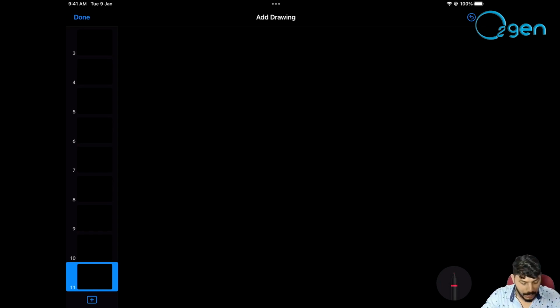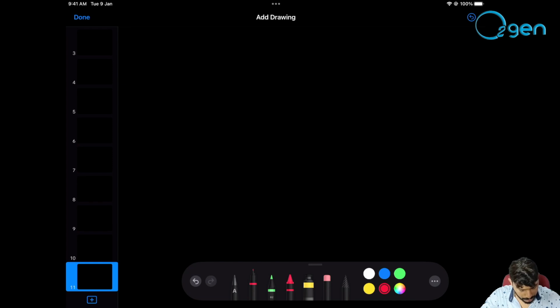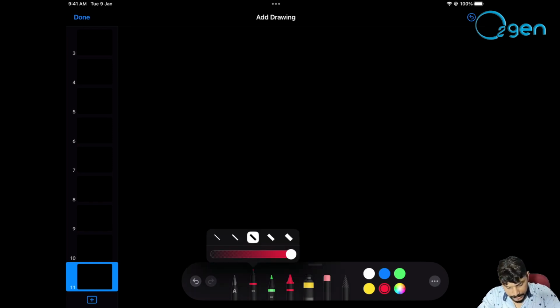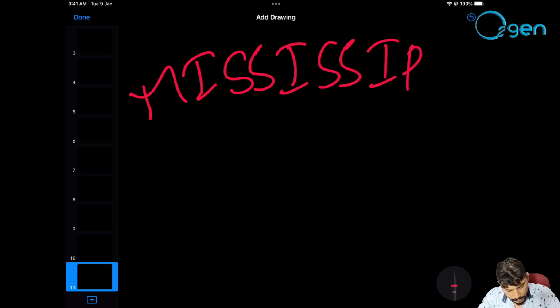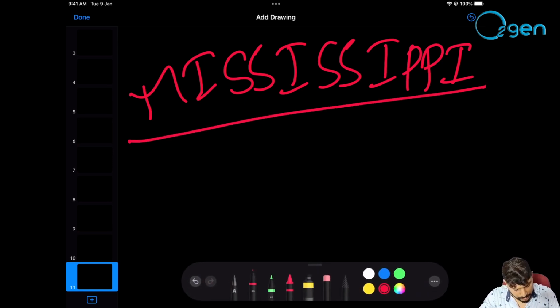Let me take one more example. Let me take the word MISSISSIPPI. In how many different ways can these letters be arranged?